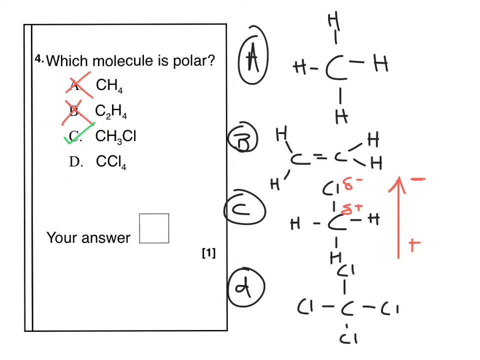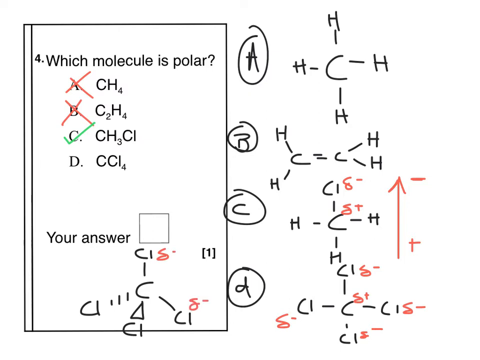So although all of these chlorines are delta negative, because they are evenly spaced all around the molecule, if we drew the 3D structure, for example, over on the left here, we would have a totally symmetrical compound with delta negative stuff all the way around the outside, and the delta positive stuff in the middle. So there's no difference across the molecule, so therefore that is non-polar, even though it contains polar bonds.